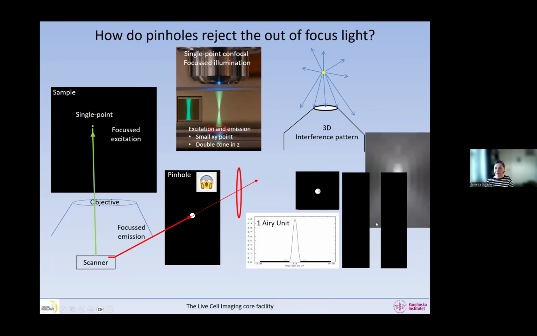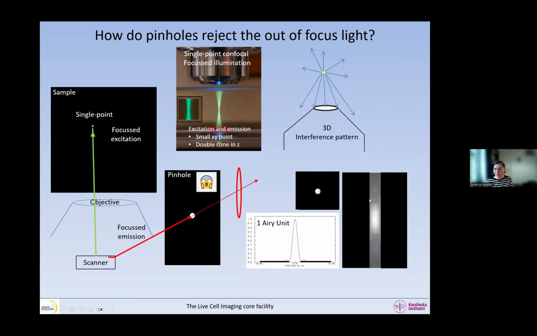And so if you have a fluorophore that is slightly out of focus and a little bit away, it's very unlikely that it's going to be close enough and exactly just above so that its main lobe goes through. And so you're going to block the light of everything that is out of focus thanks to this trick of using a pinhole.